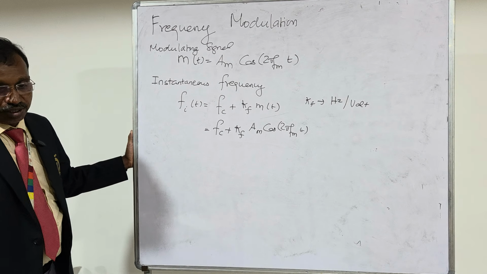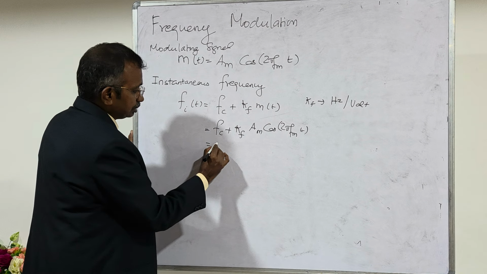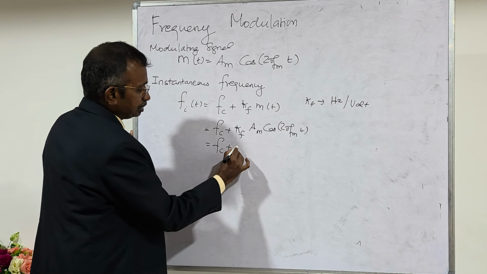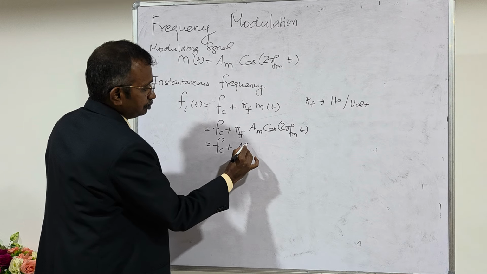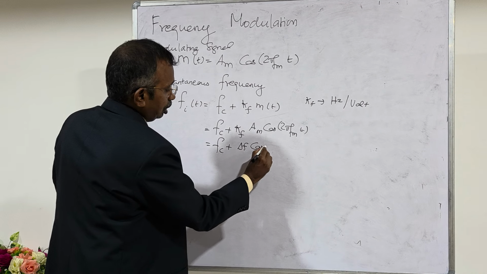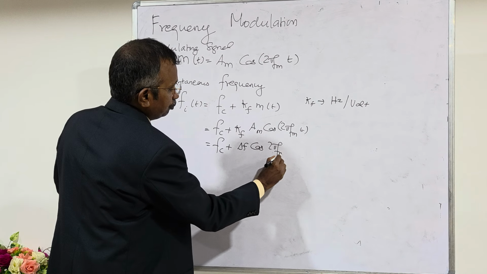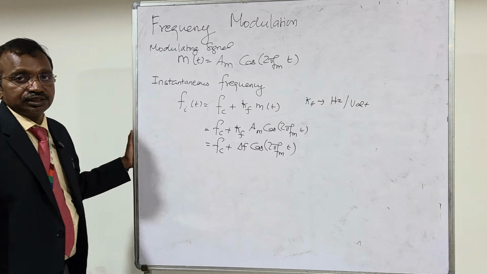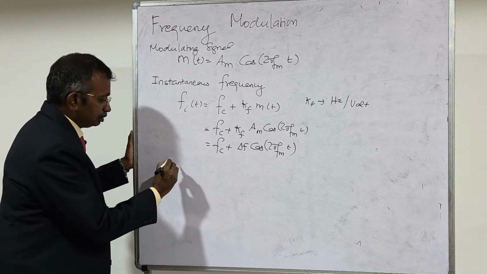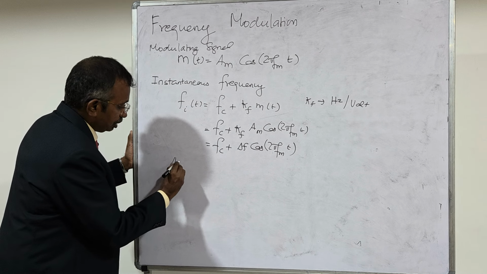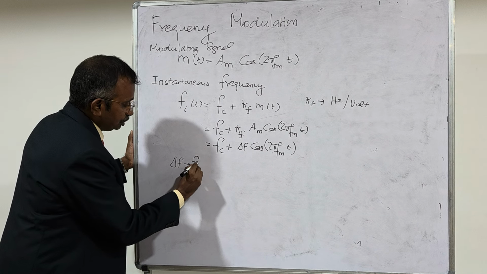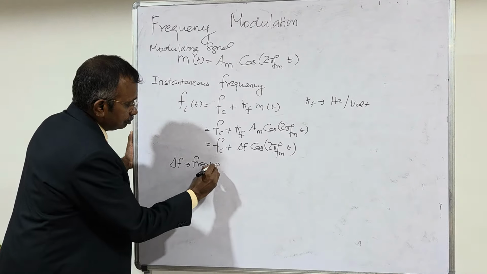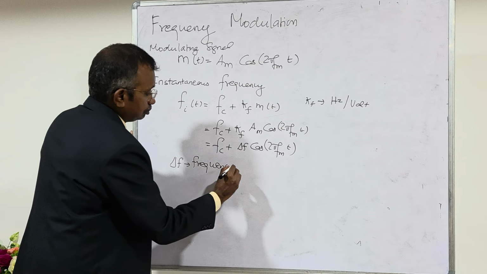Then I can write this as Fc plus delta f into cos 2 pi fm t, and delta f is called the frequency deviation.